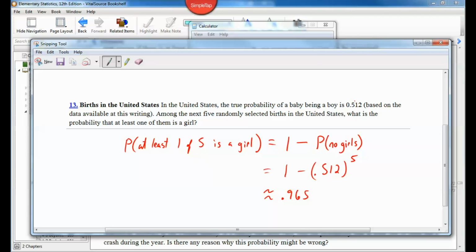All right, so if we want the probability of having at least one girl out of the 5 births, that's going to be the same thing as 1 minus the probability of no girls. Which, what does no girls mean? That means that you had a boy instead. So 1 minus the probability of having a boy all 5 times will be 0.965.